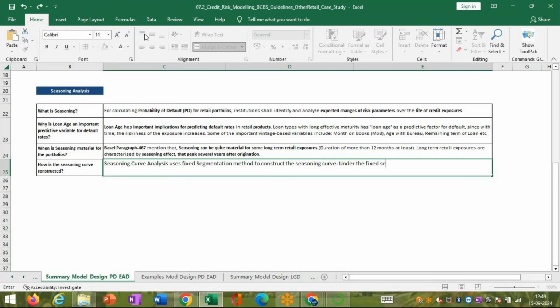So under the fixed segmentation approach, the exposures do not migrate as the risk profile changes.